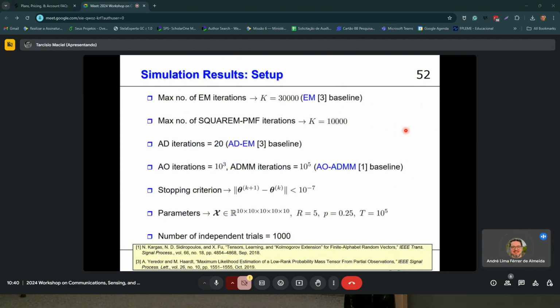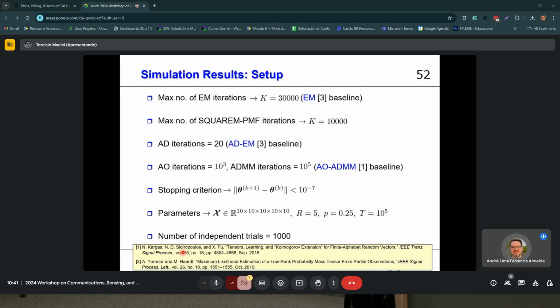We allow EM a maximum of 30,000 iterations, while square EM PMF is allowed only 10,000, so that we have a fair comparison. And we compare it with the AD-EM algorithm that has already been presented, and the AO-ADMM, which is from the Sidiropoulos paper.